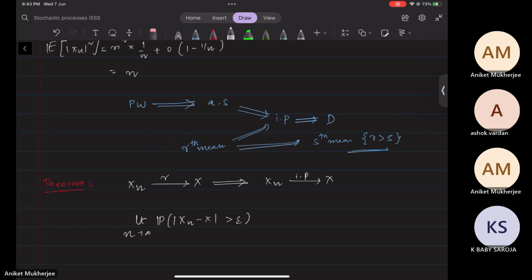Whenever you see this kind of inequalities in probability events, you can directly apply inequalities which were discussed in the last class. So you know the Markov inequality. Let us apply the Markov inequality here.